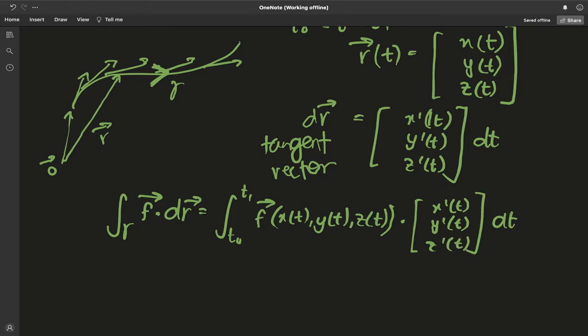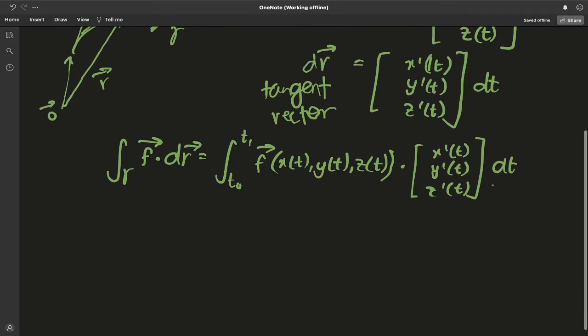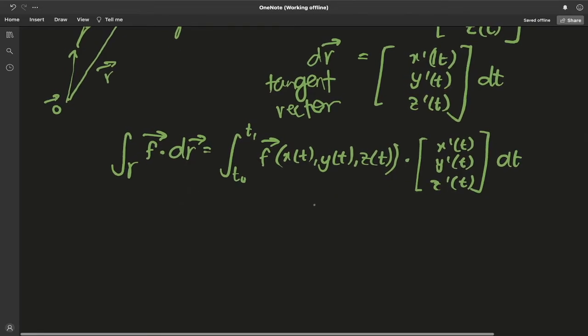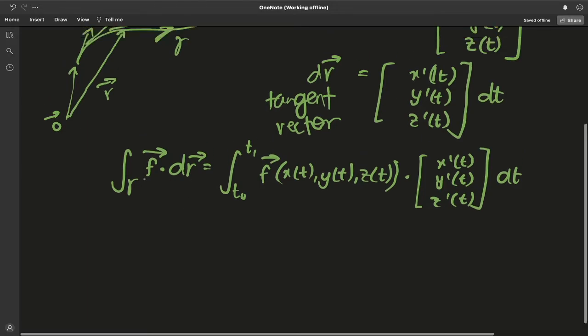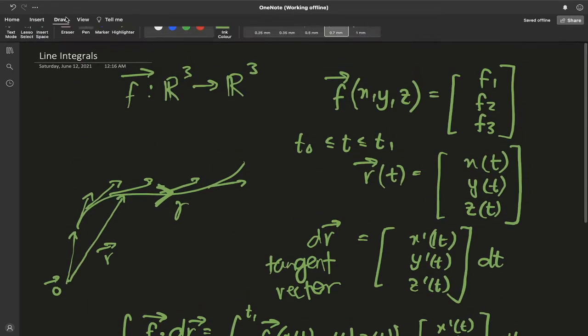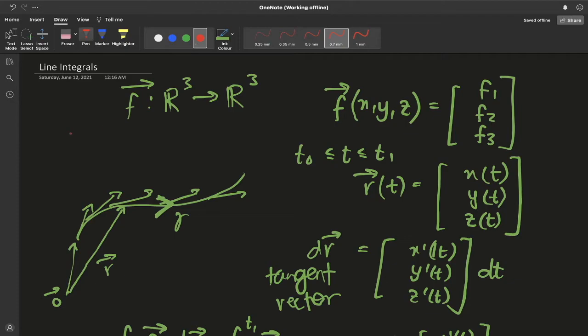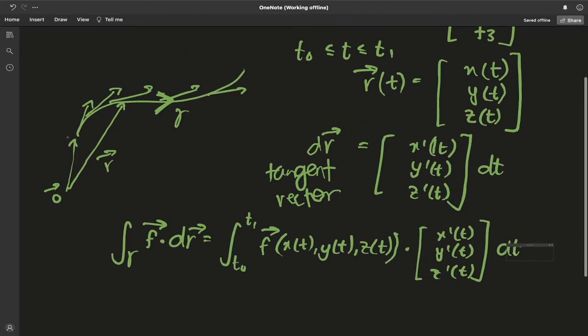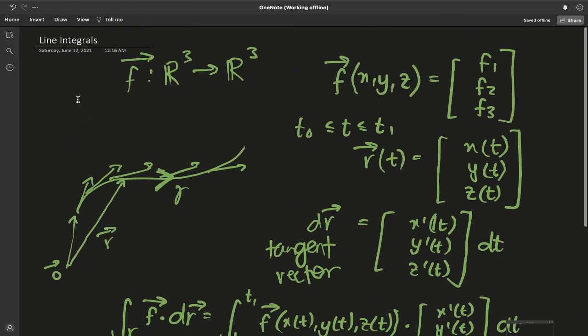And it makes sense, right? A dt, and then the upper and lower bounds are values of t. Okay, so this is what a line integral is. Let me just write that in another color. This is what a line integral is.